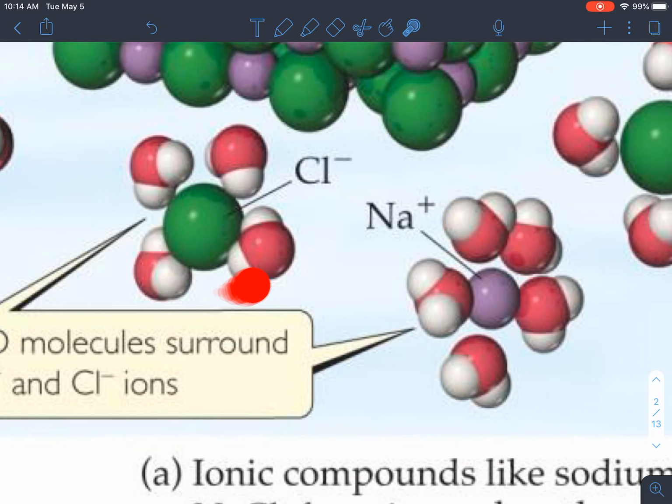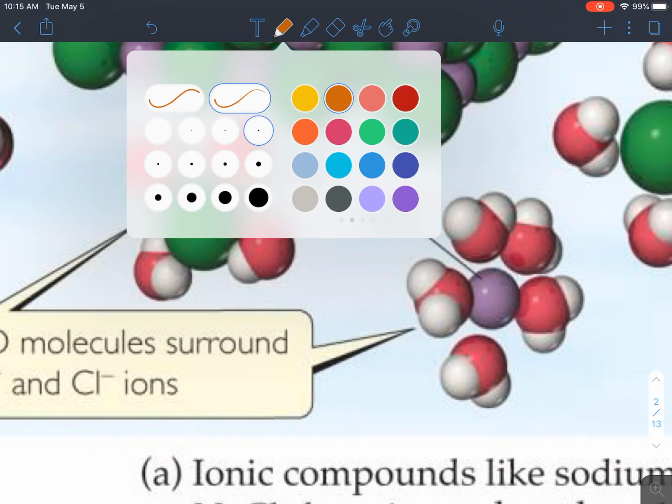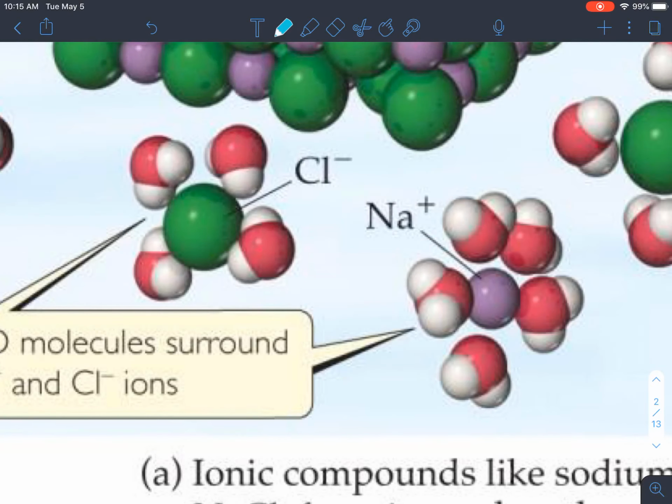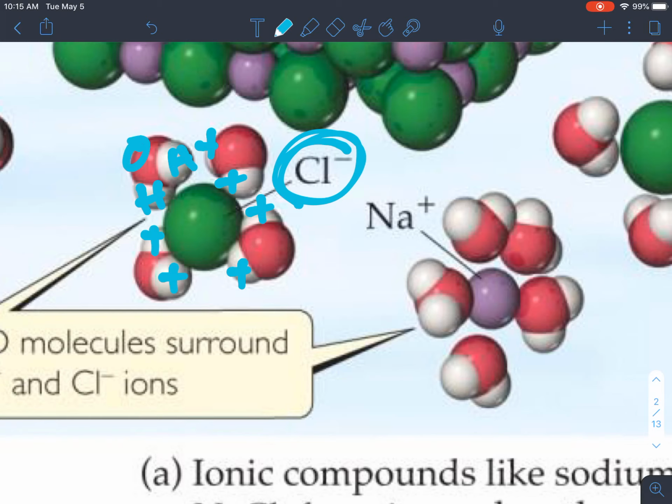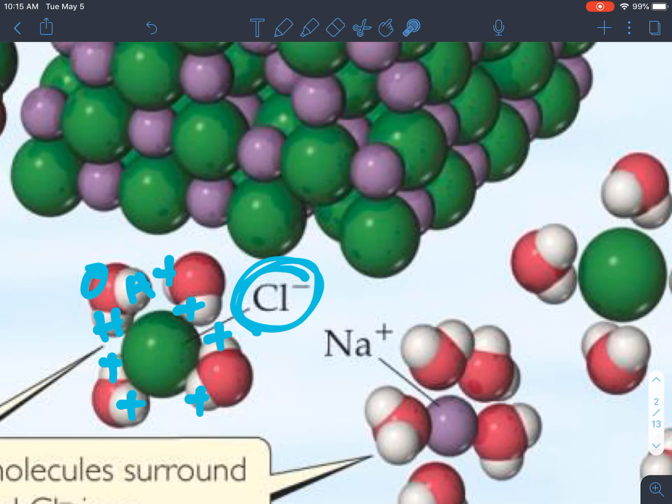So what happens is the water molecules, because you learned in the past that the hydrogens become partially positive and the oxygen becomes partially negative, surround the ions. You see here that the negative chlorine is surrounded by the partially positive sides of water. Now what ends up happening is that it eventually separates out that ion from the rest of this crystal lattice.